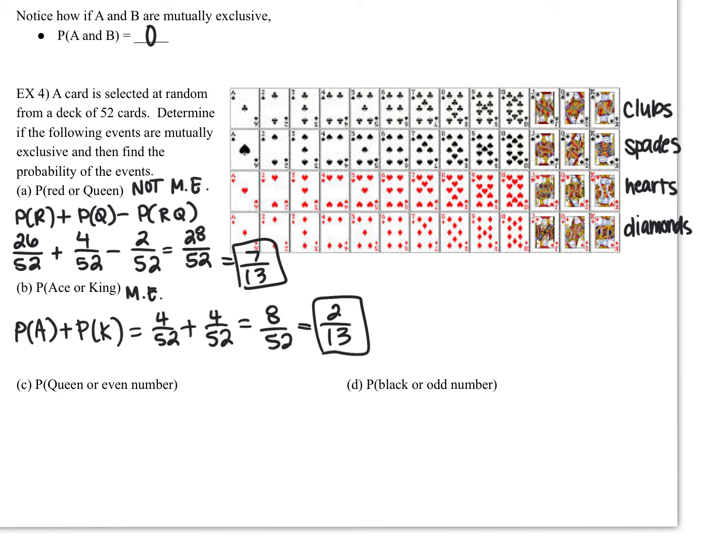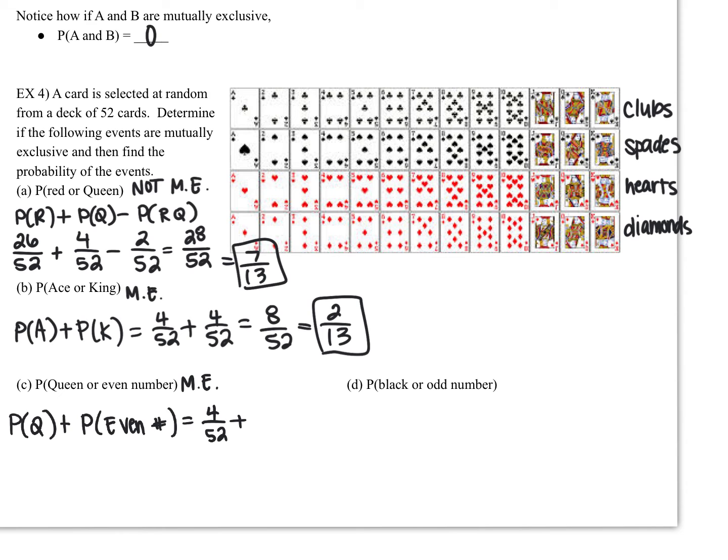All right, next we're looking at the probability of a queen or an even number. Something cannot be a queen and even, so these are mutually exclusive. So we can do the probability of a queen plus the probability of an even number. There are 4 queens, and the even numbers are 2, 4, 6, 8, and 10.